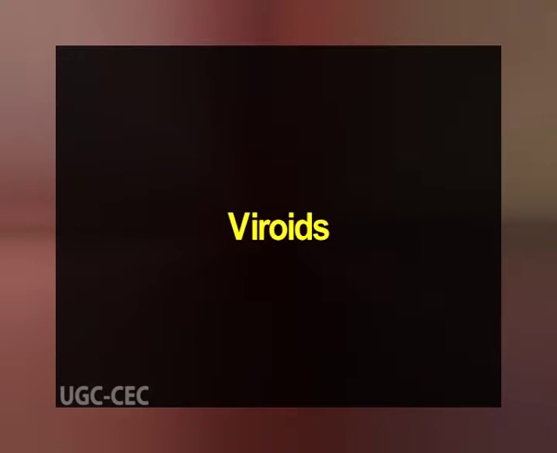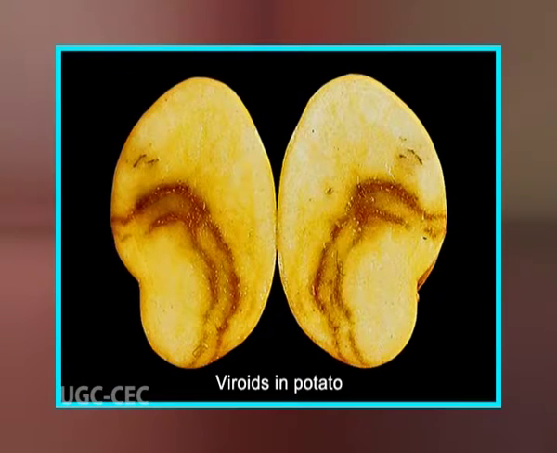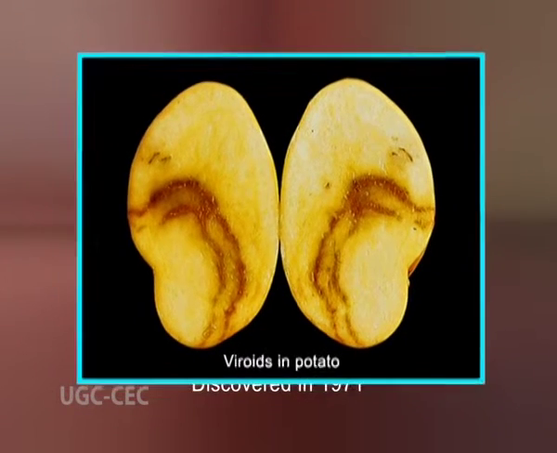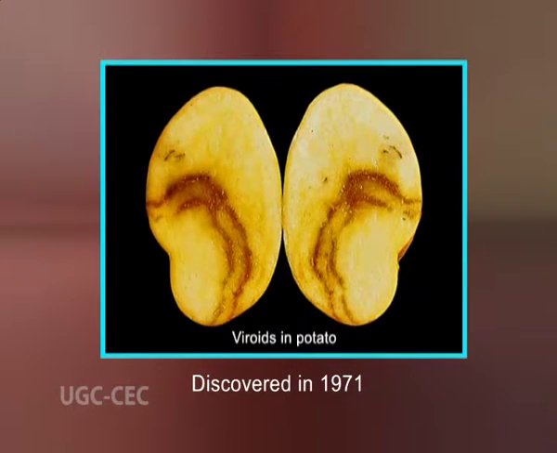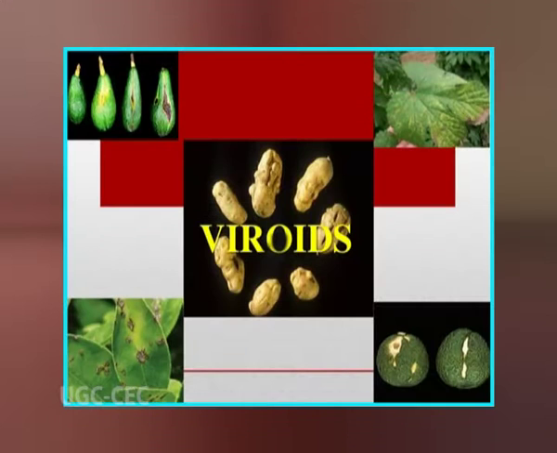Now coming to the third objective, that is viroids. Viroids are small infectious pieces of RNA that were first discovered in 1971. Viroids are smaller than any virus and do not have a capsid. They also differ from viruses in that their RNA does not code for any protein.